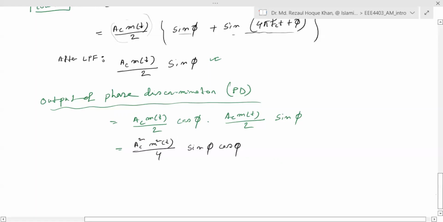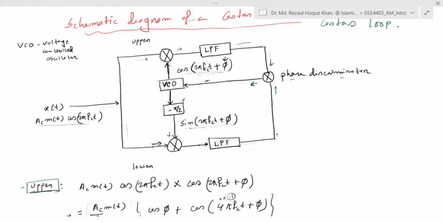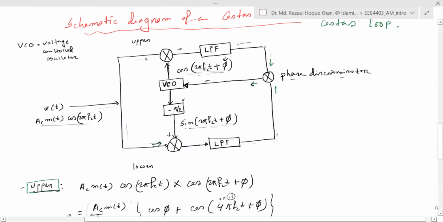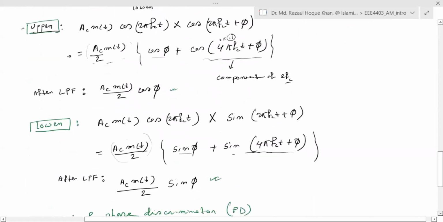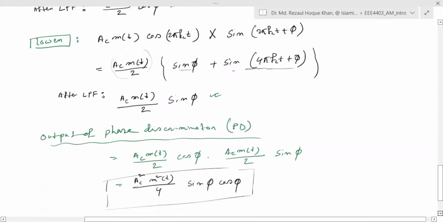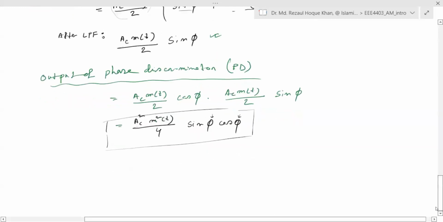This is our output of the phase discriminator, which is then input to the VCO, the voltage controlled oscillator. Based on these phi values, the VCO will tune accordingly.